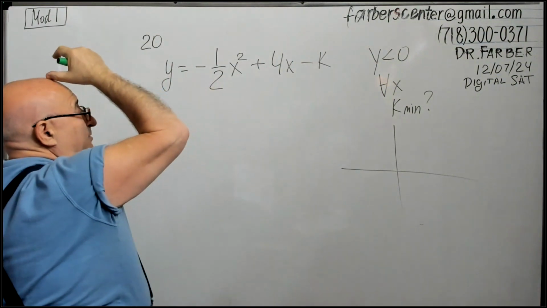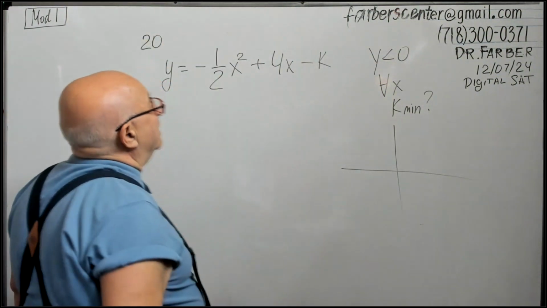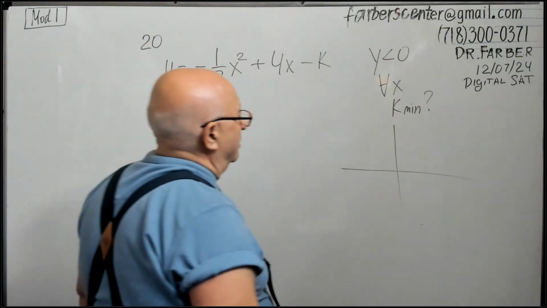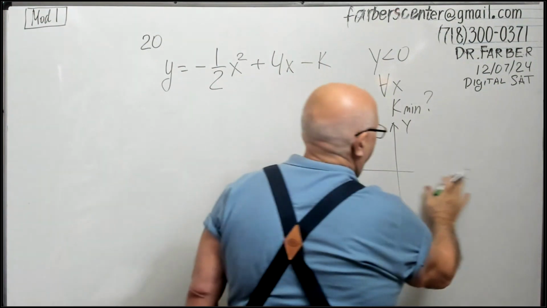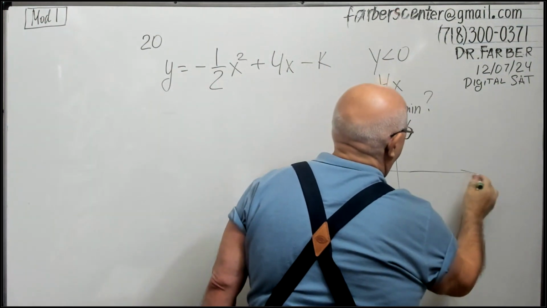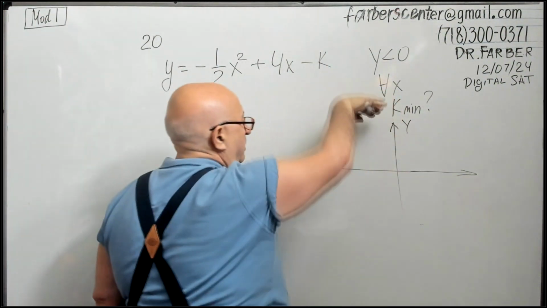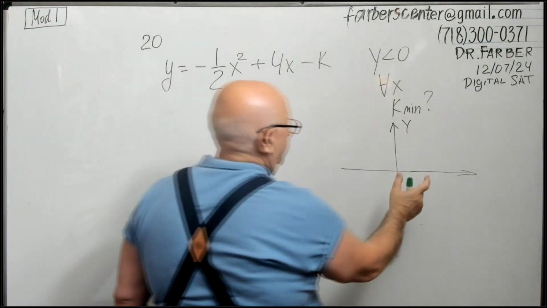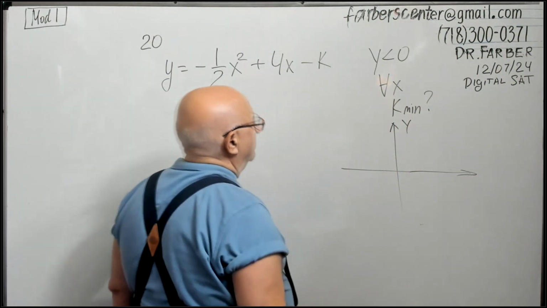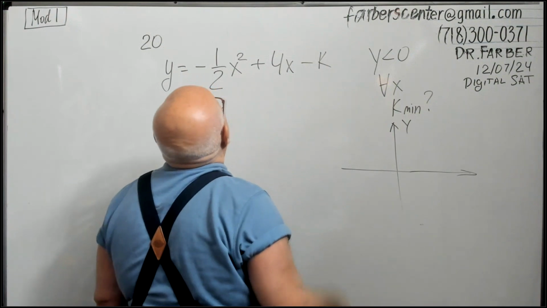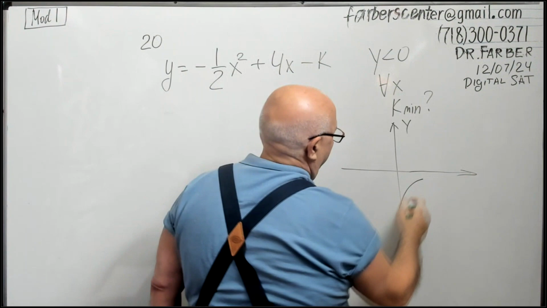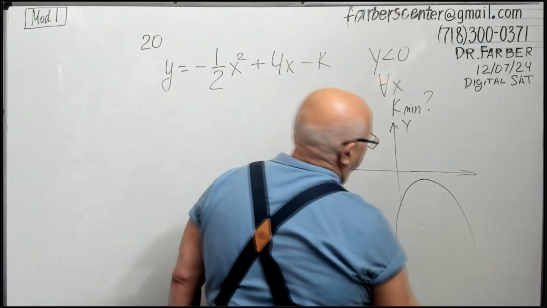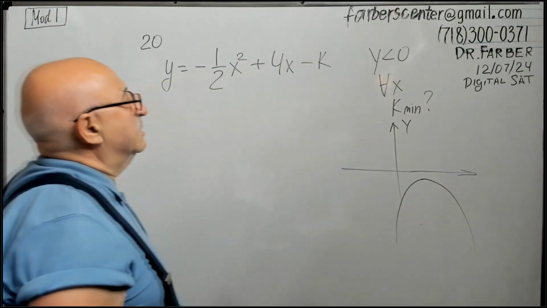If it's negative, and they said y is always less than 0, this is y, and this x-axis splits the plane into two semi-planes, above 0 and less than 0. So I know this graph is over there, less than 0. In addition, since the leading coefficient is negative, the graph is supposed to go over something like this, based on this, right?